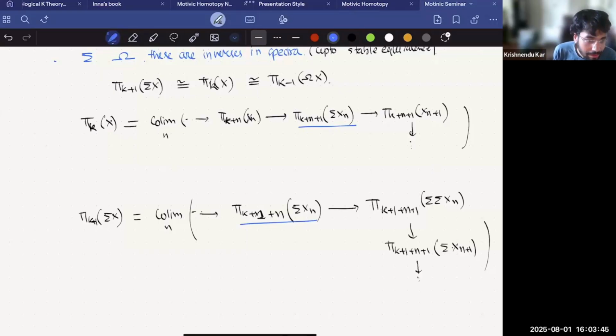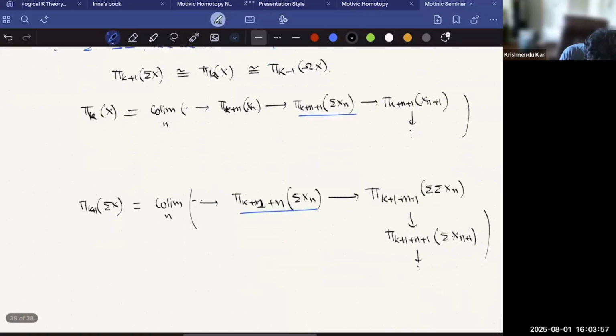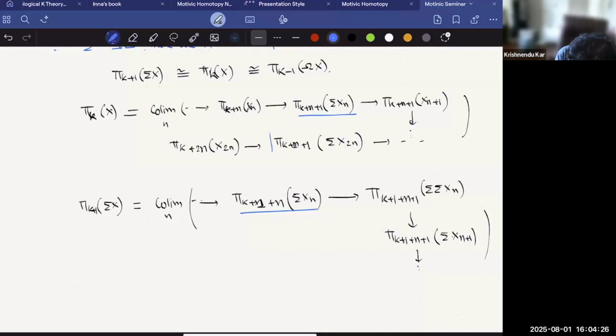For that, instead of n, you take the colimit focusing on these terms, k plus 2n, x2n, to k plus 2n plus 1, suspension of x2n, and so on and so forth.